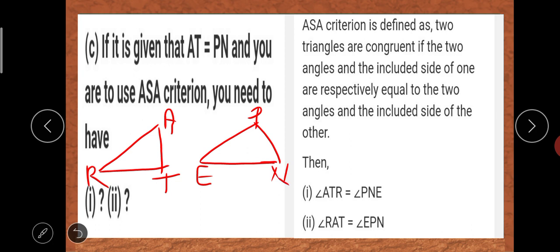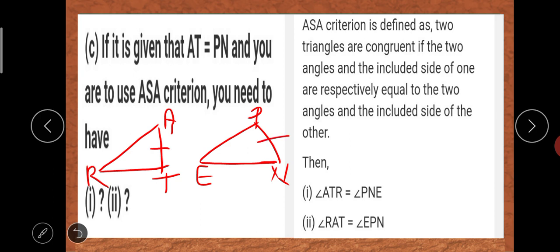Now when you have to show angle, side, angle, that means which criteria are we going to use here? When two triangles are congruent, if the two angles and the included side of one are respectively equal to the two angles and the included side of the other, then here we will find what? AT, what is given here? AT is equal to PN.